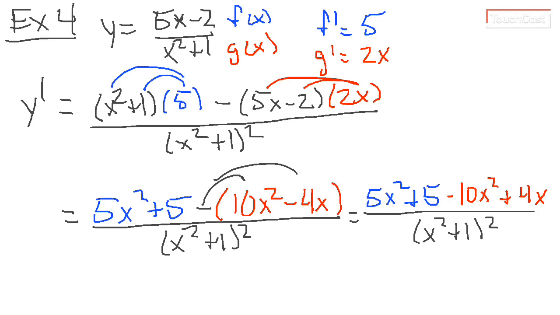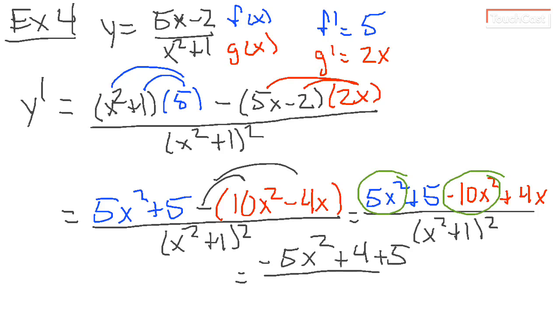So when I look at our numerator, I see I've got two terms I can combine. I've got a 5x squared and a minus 10x squared. So let's combine them. We're going to get a negative 5x squared, and I only see the one term that has a single x up top, so plus 4x, and I only see one constant term, plus 5. All over, now you could leave the denominator as x squared plus 1 quantity squared, and I am perfectly fine with that.